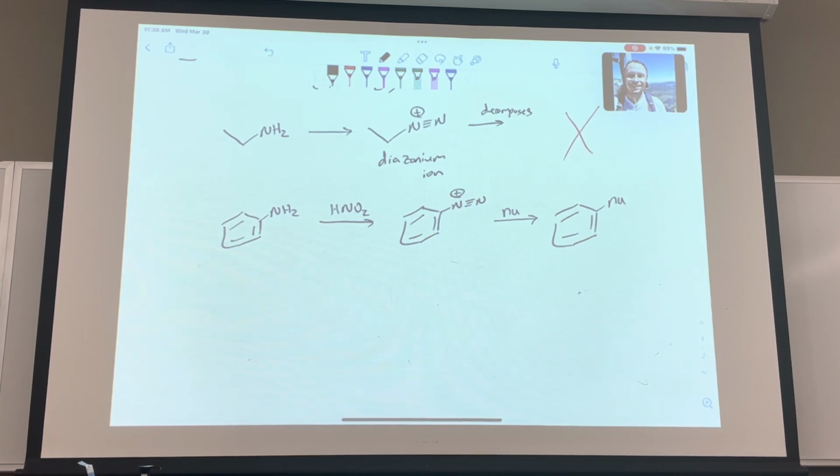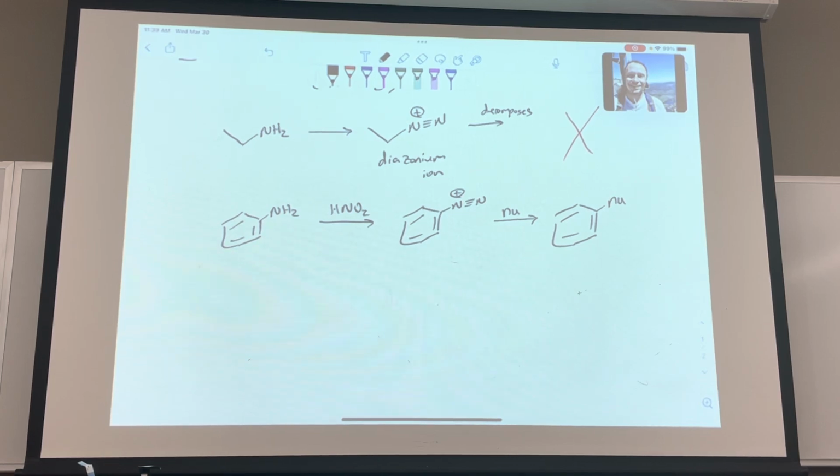I will show you in just a minute, after we go through the chemistry of this, what all you can do with it, but it is a really powerful technique for substituting benzene rings. Not only does it allow you a lot of versatility on what you can put on the benzene ring, but it allows you to do it under remarkably mild conditions.